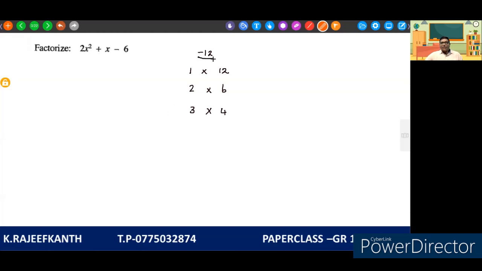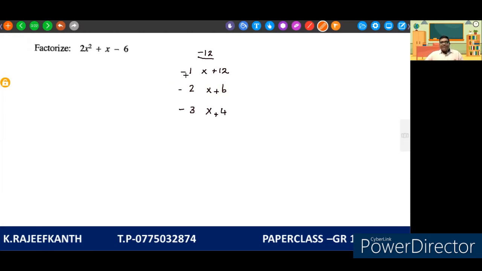If the product of two numbers is negative 12, then these two numbers should have different signs. And also the sum of these two numbers should be plus 1. So we have to put the plus sign for the bigger one and negative for the smaller one, right?